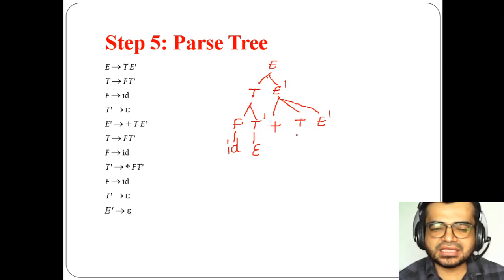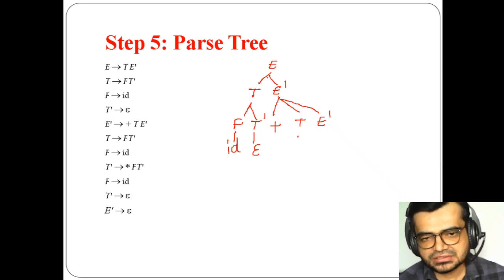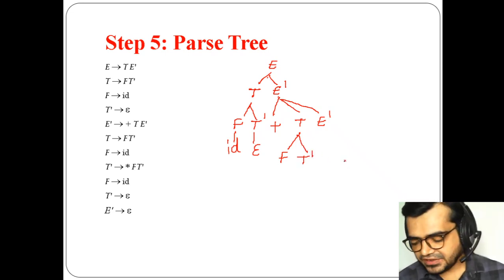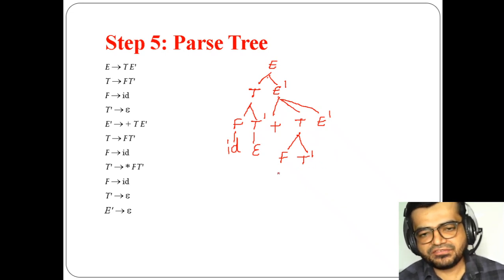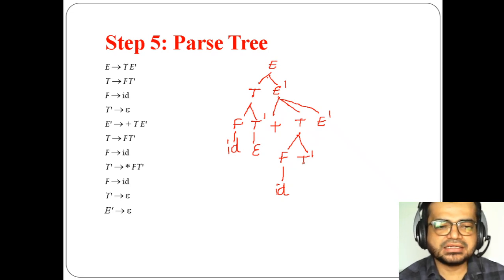Now T is there, so T means again you have to take F T' and E'. Again for F, what is this? F means id, so id plus id you got. Again T' is there, so for this T' you have to take, what is that?